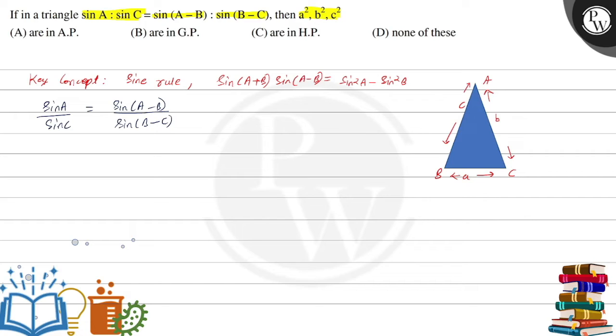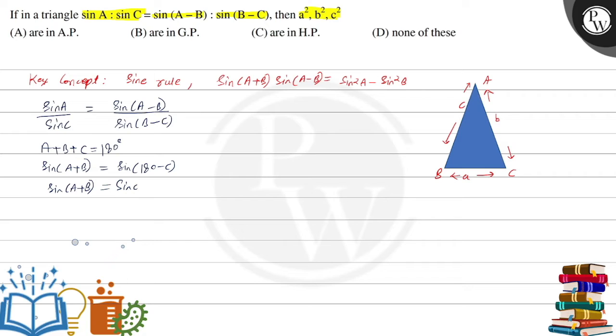As we know, in any triangle, the sum of the interior angles is 180 degrees. If we use sine on both sides, we can simply write sine A plus B, bringing the C to the other side, as sine 180 minus C. So sine A plus B is equal to sine 180 minus C, and that will be sine C. So sine A plus B will be equal to sine C, and similarly we can have the other angles.